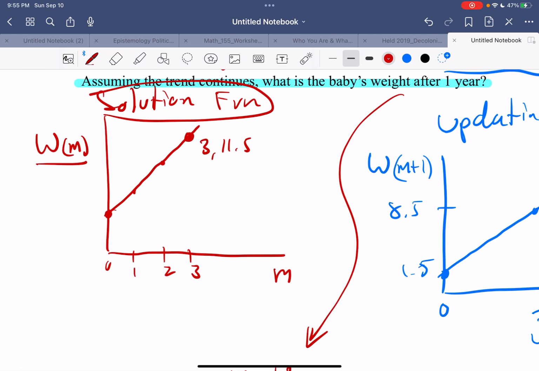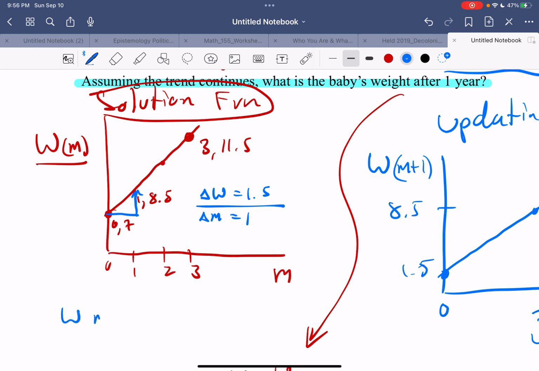Well, let's see. At 1, so 1 month later, it was 8.5. At 0, it was 7. So the slope of this line: when I go over 1, I go up 1.5. My change in weight is 1.5, change in months is 1, so my slope, top over bottom, is 1.5.